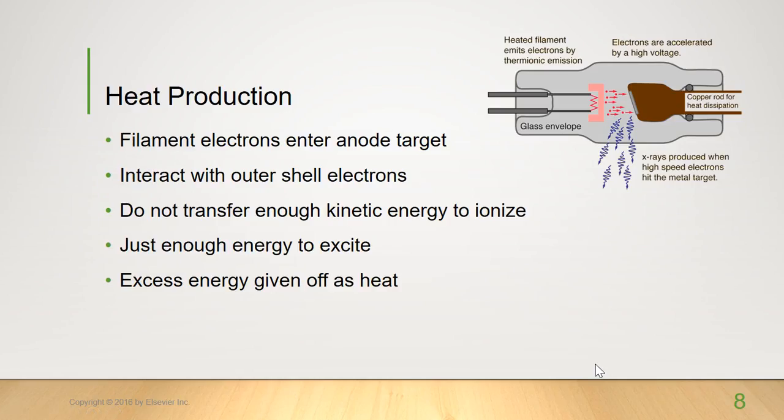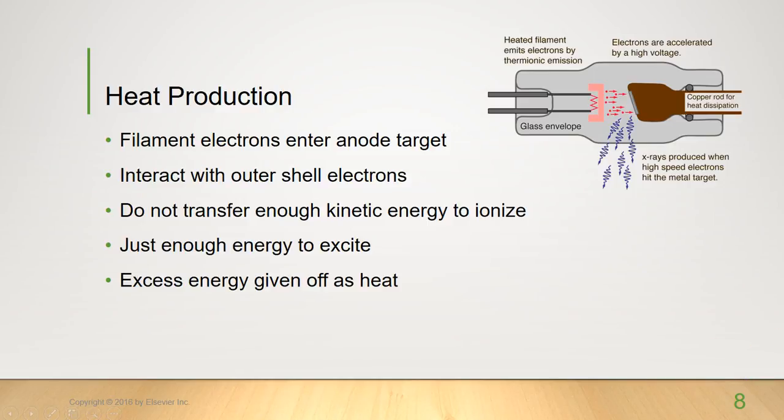As filament electrons enter the anode target, most interact with the outer shell electrons of the tungsten atoms, and we already know about that. They do not transfer enough of their kinetic energy to ionize the atom, but rather just enough to raise them to a higher energy level. This excess energy is immediately given off as infrared radiation, or heat, as the outer shell electron returns to normal.